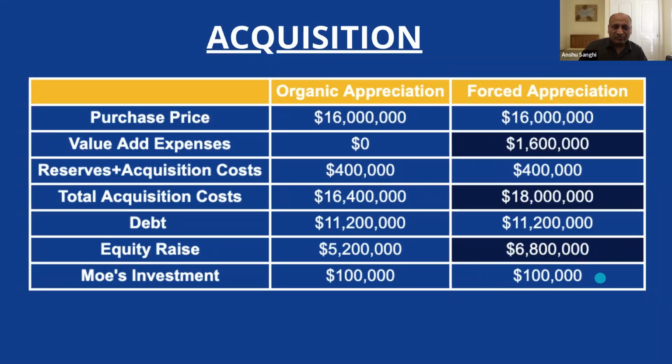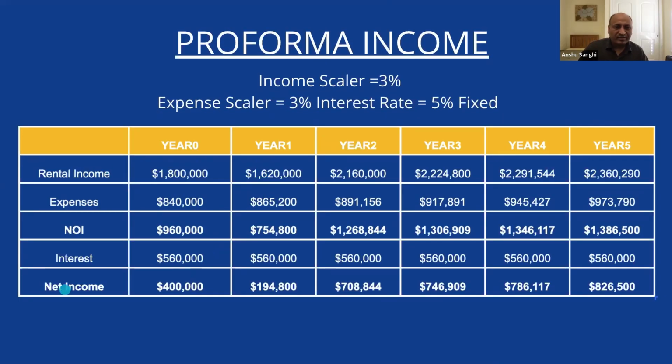So instead of 5.2 million, now sponsors need to target raising 6.8 million of equity. Let's say Mo still invests the same $100,000. His share in the equity is 1/68 instead of 1/52 in the original example. So this is how the numbers look. The rest of the assumptions are the same, and net operating income and net income will be different, but you need to pay attention to year 1, because when the renovation is going on, the units have to be vacated.